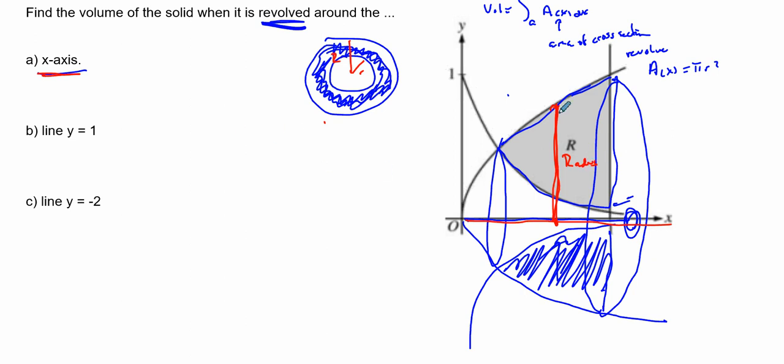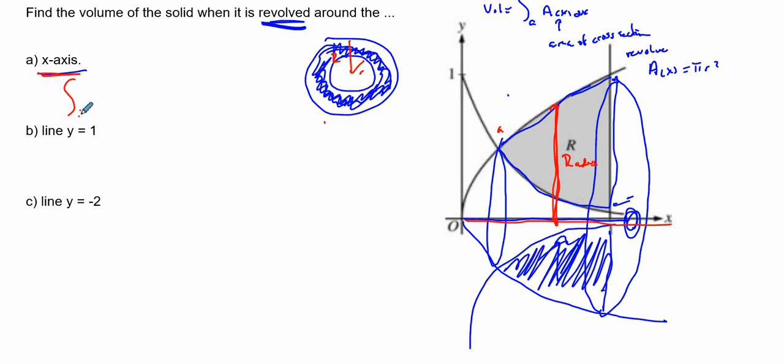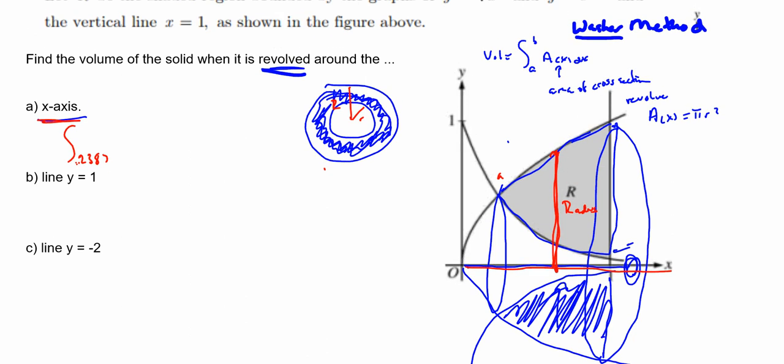To find this radius length, we're going to integrate from A. Now, if you watched my previous video, I have this right here, and I found the intersection. Our intersection is at 0.2387. We found this by finding the intersection between these two different values.